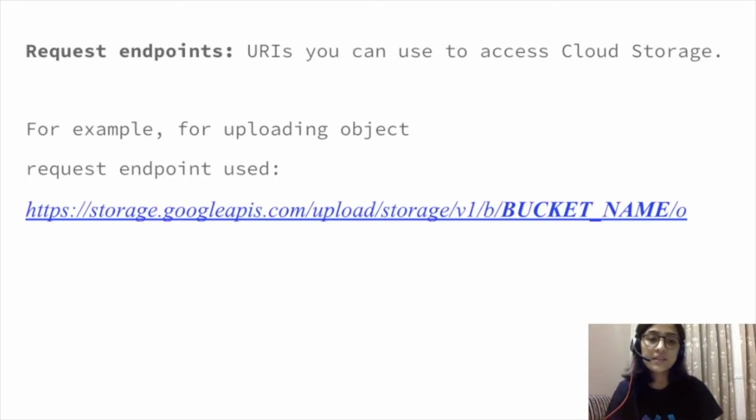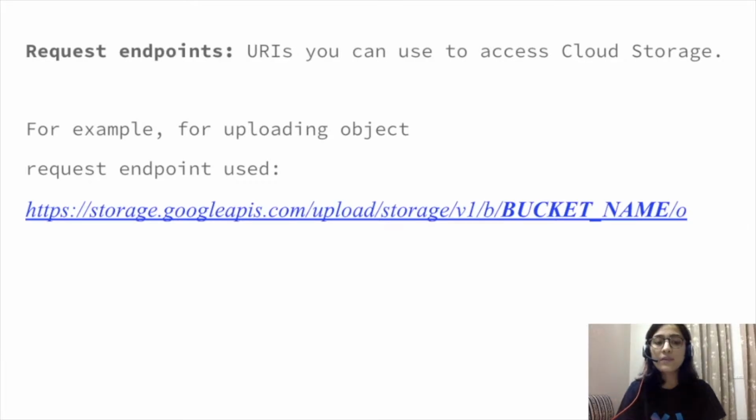Next, we need the request endpoint. You all might know that APIs work using requests and responses, right? When an API requests information from a web server, it will receive a response. The place that API sends requests to, and where the resource lives, is called the endpoint. Once we have the client, we need the request endpoints or the URIs we can use to access cloud storage.